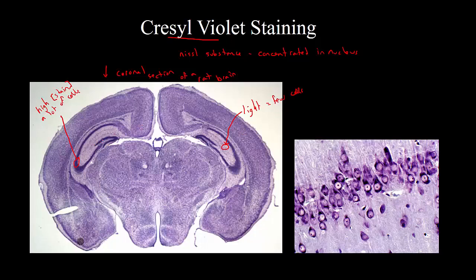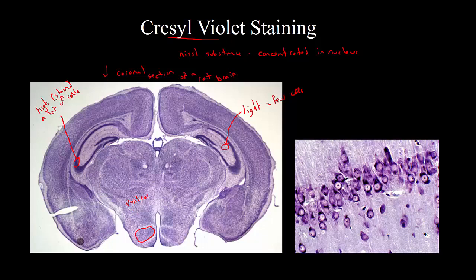We can look, this is actually going to be part of the hippocampus. Okay, so we can see there's clusters of cells, very dense, surrounded by less dense areas. If we look here, you can see this round spot, right? So here I can trace the outline of this cluster of cells. That's a nucleus.